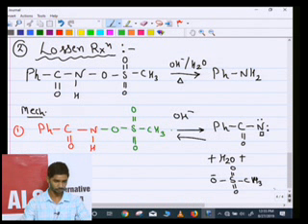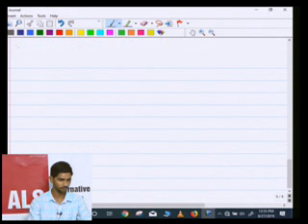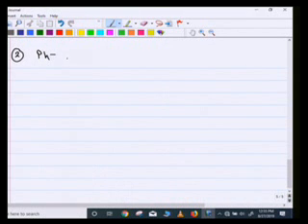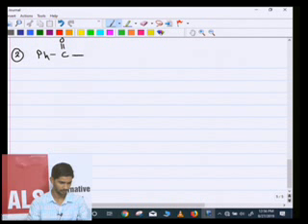Okay guys, so let's continue with it. I'll complete this mechanism for you. This is step number 2. PhCON with the vacant orbital. I think you have got confused with this.